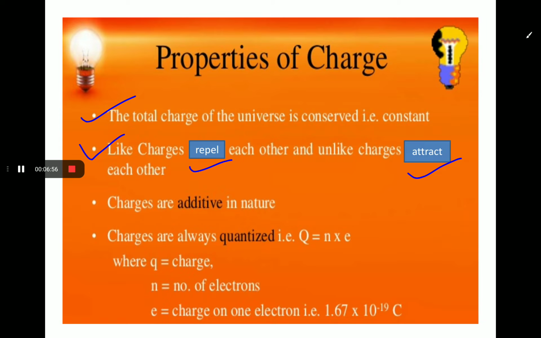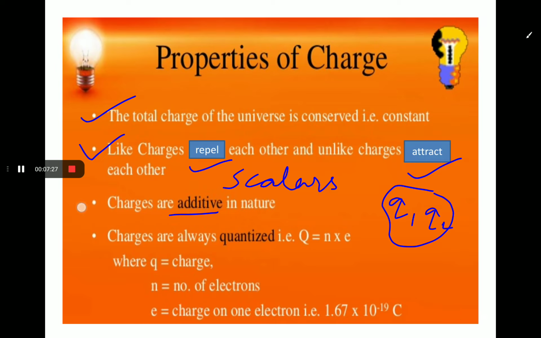The next point is that charges are additive in nature. This simply tells us that they behave like scalars and we add them directly. To understand it, let us consider a system consisting of two charges Q1 and Q2. We have to find the total charge of the system.